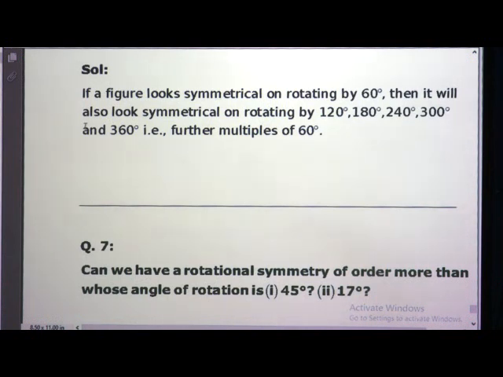Yes, if the figure looks symmetrical on a rotation by 60 degrees, meaning exactly the same after the rotation, then it will also look symmetrical on rotation by 120, 180, 240, 300 and 360 degrees, that is, multiples of 60.